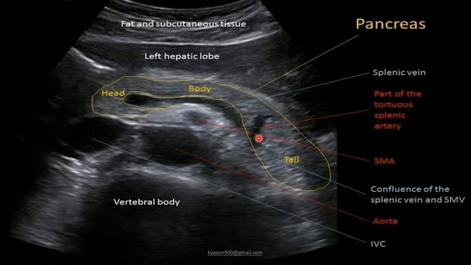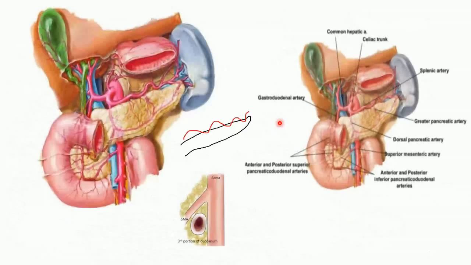As you can see here, this is the part of the tortuous splenic artery within the pancreas. It appears tortuous because the artery has those veins within it. Normally those veins have to be there because we know there's a stomach in front here. This stomach is always going to be distended.